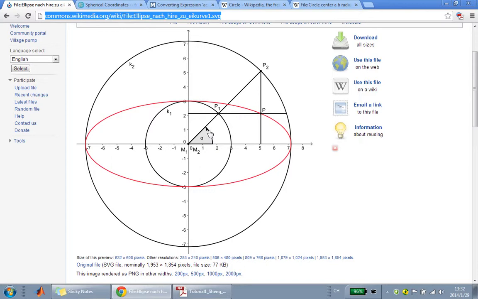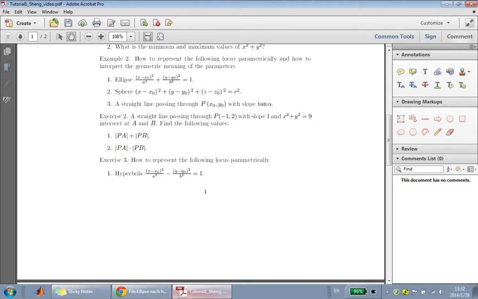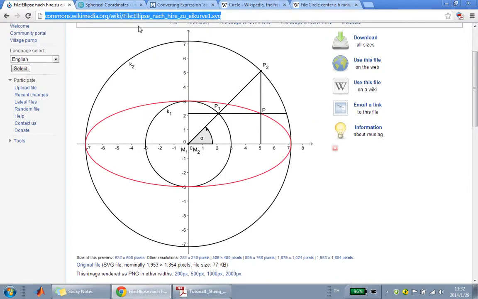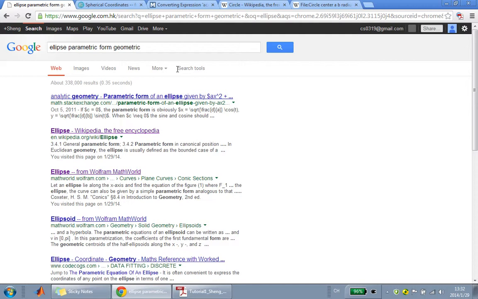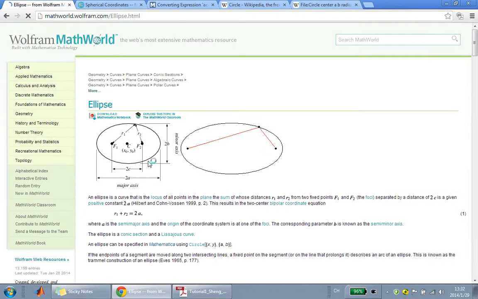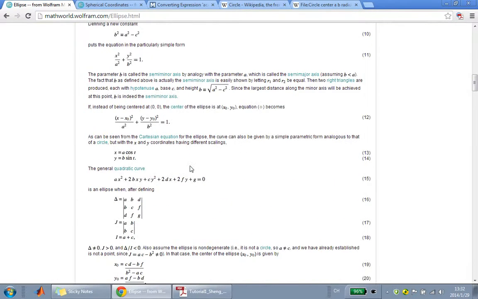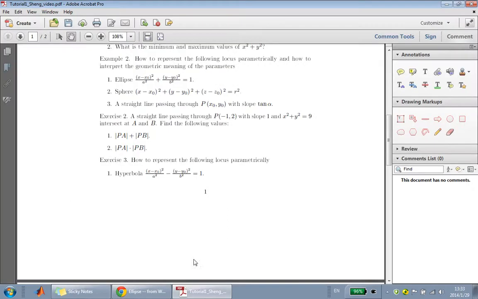The geometric meaning of alpha is this angle. Here this is the parametric representation for the point on the ellipse: x equals a cosine alpha, y equals b sine alpha. And we also talked about the geometric meaning.